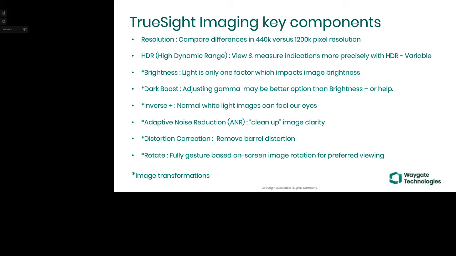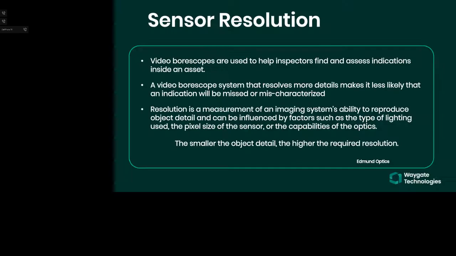These are all tools that are available to you, and in this next release of software coming out in a week or so, we've added the ability to rotate an image and some other really interesting features we'll talk about. I'm going to focus a lot on dark boost and image brightness and inverse plus, because if you're one of those people that are going to be measuring, I want to make sure you know how to use those pieces of technology to get the very best out of your instrument when you're measuring.